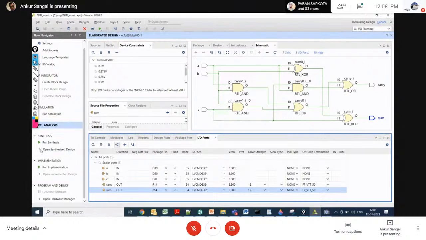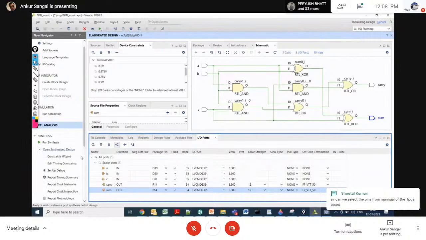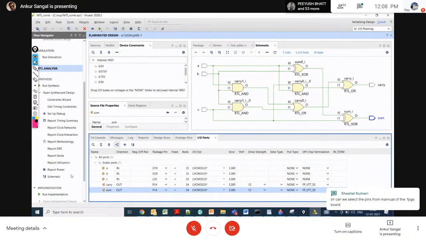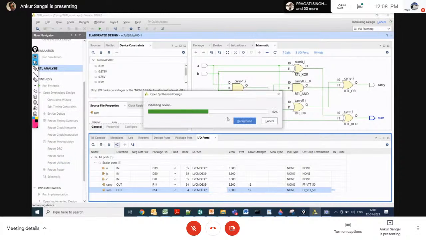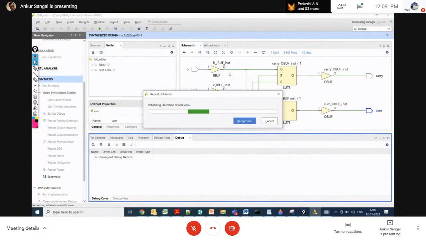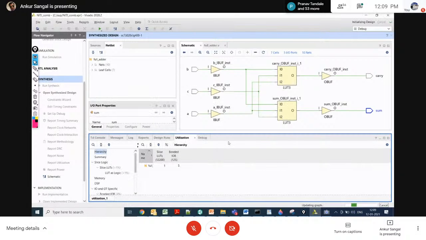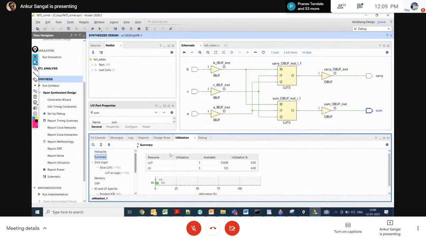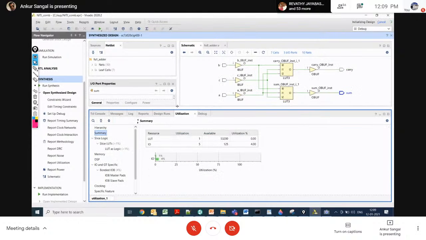Okay, synthesis is completed. I can also show you the report. You can see here the utilization report, and this is a very beautiful report.